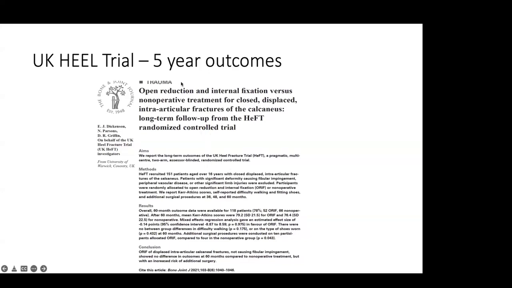So this is statistically not significant in favor of ORIF. So the main thing is that there is a wide confidence interval with no statistical significance in doing operative management, and they concluded in the summary of the paper that ORIF versus non-operative doesn't show any statistically significant difference.